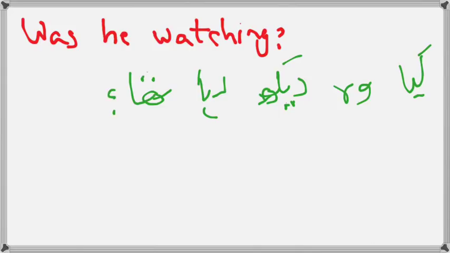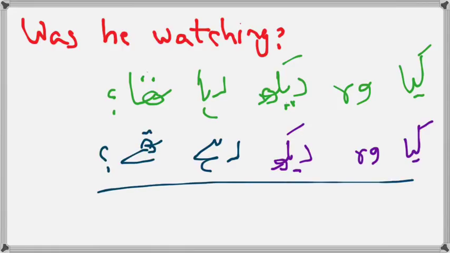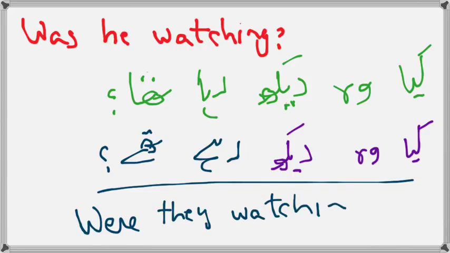And when we want to show respect, then we say क्या वो देख रहे थे. And this version, क्या वो देख रहे थे, is also used for were they watching, when we are talking about a male group or a mixed group.